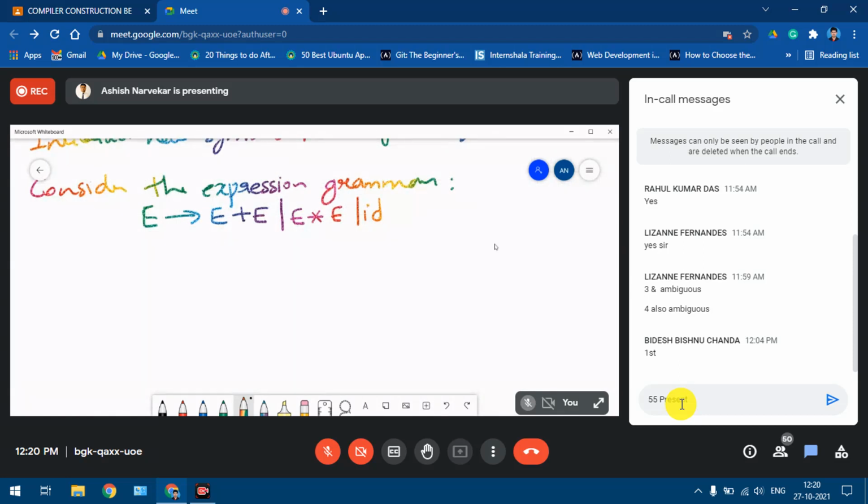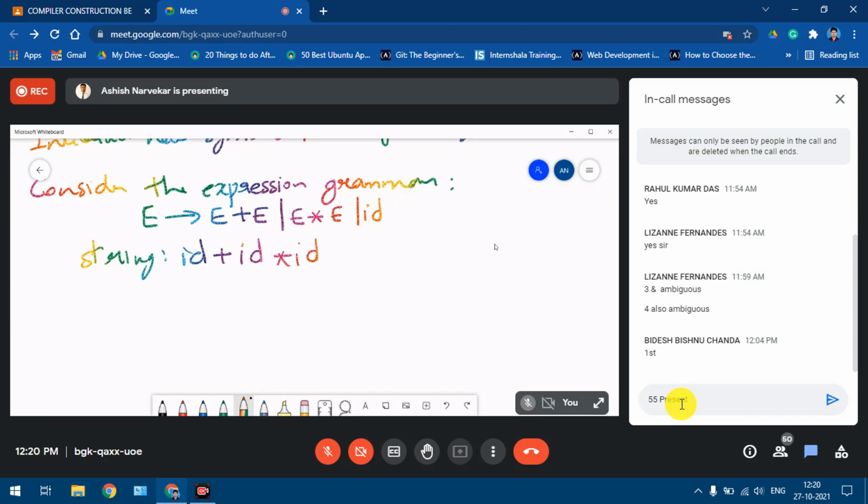As you have seen earlier, when I drew the parse tree, it gives us two different parse trees. The string that is given to us was ID plus ID asterisk ID.